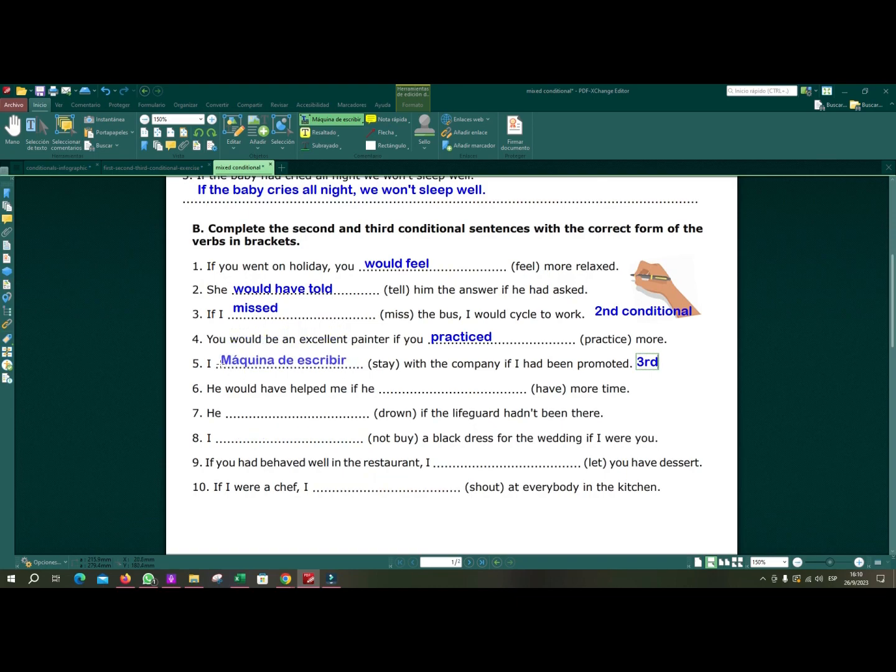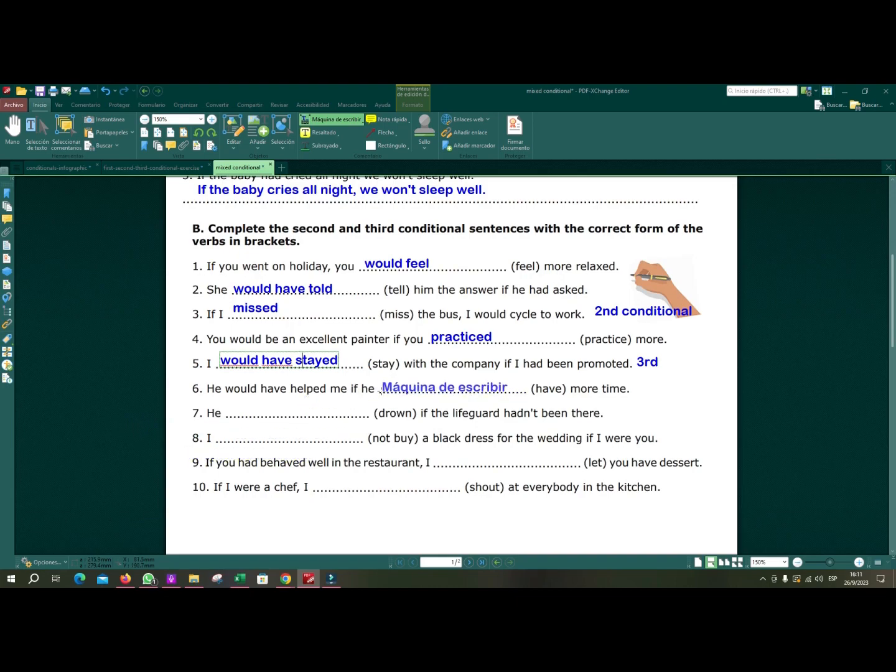So in that case, remember, I would have stayed. I made a mistake here. I would have stayed with the company if I had been promoted, right? So that is third conditional, okay?